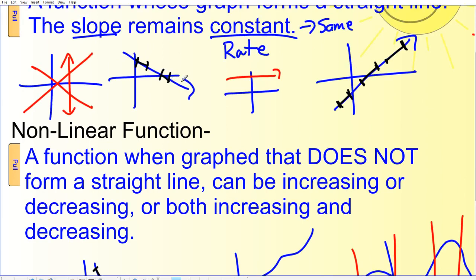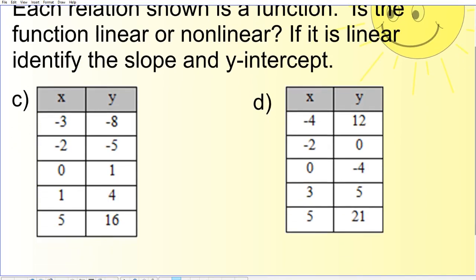The slanty is the same. The angle is the same. So if I go back to my tables, I've got to find out, is the slope the same everywhere? If I find the slope a couple different times and I get the same slope, it's a straight line. If I got a different slope, well, it's not a straight line.